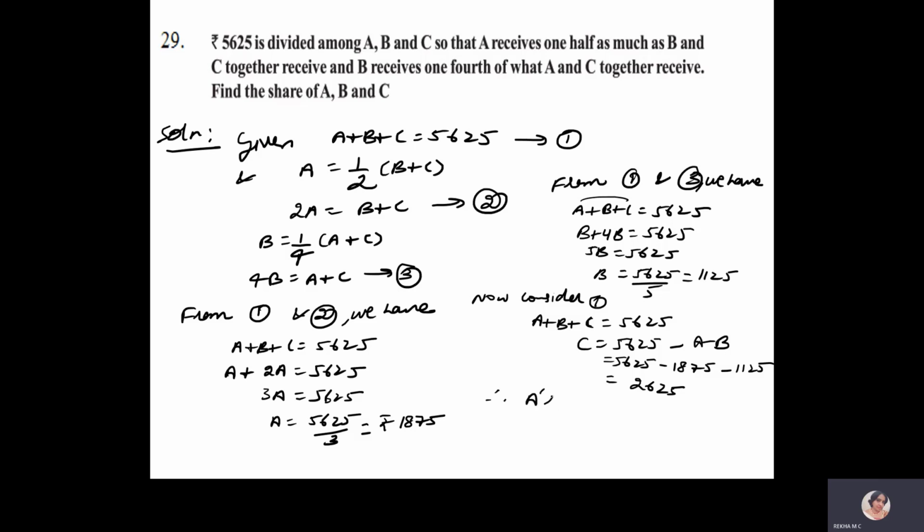Therefore A's share is rupees 1875. B's share is rupees 1125. Then C's share is rupees 2625. Okay, so right, done.